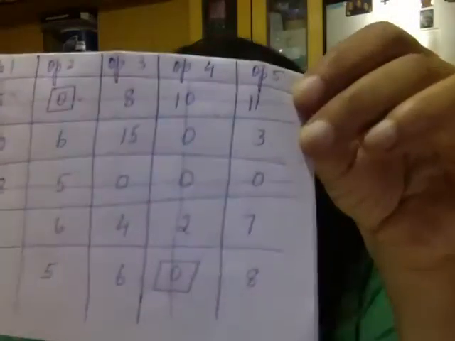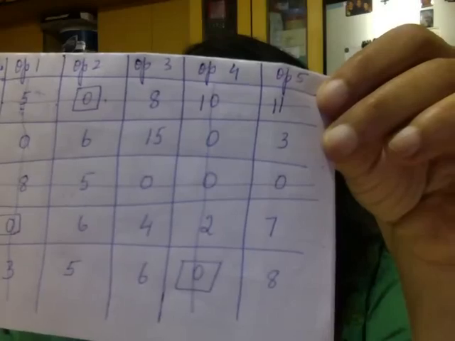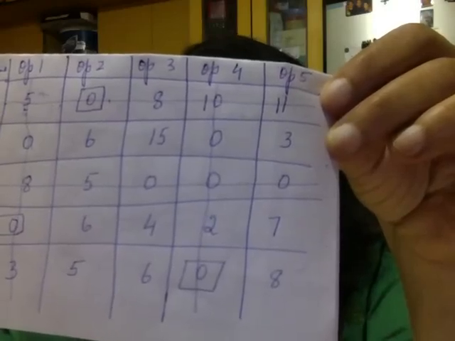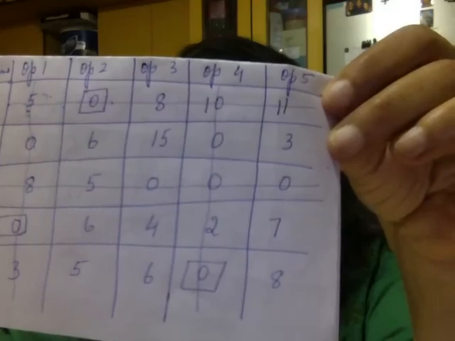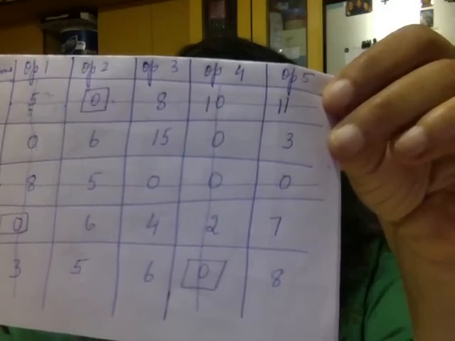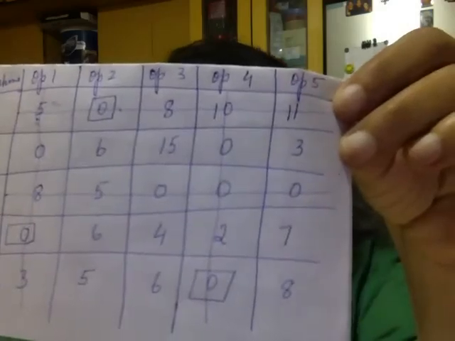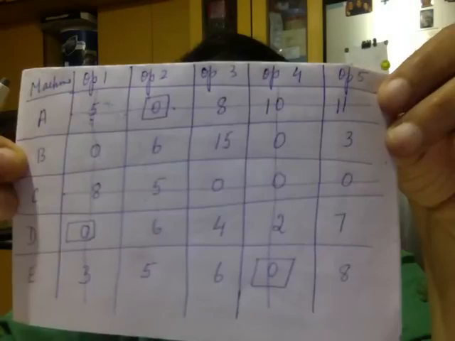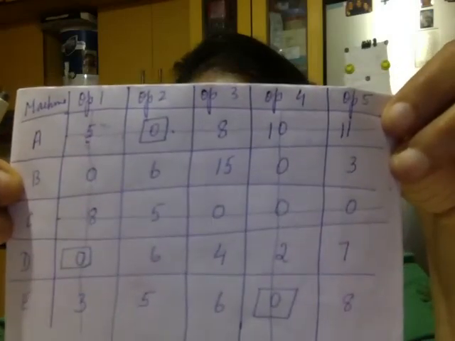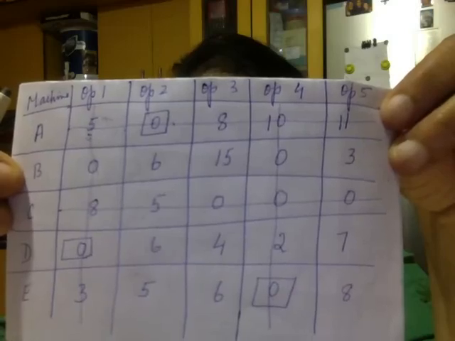I'll repeat, class. In row A, 5, and then 10 is an intersection point. 8 in row C, 8 and 0 is an intersection point. There are no more intersection points. So you have to write number 1: add this lowest value to all the intersection points.